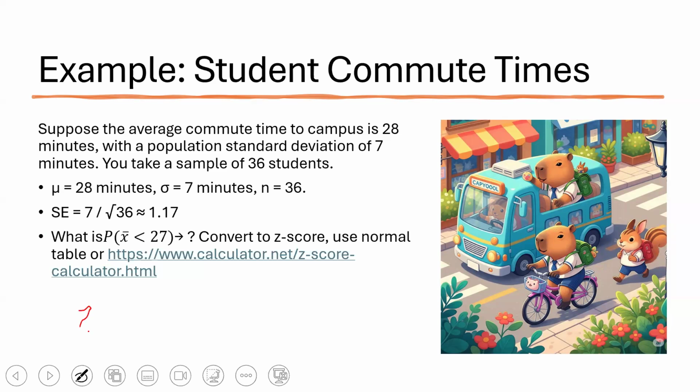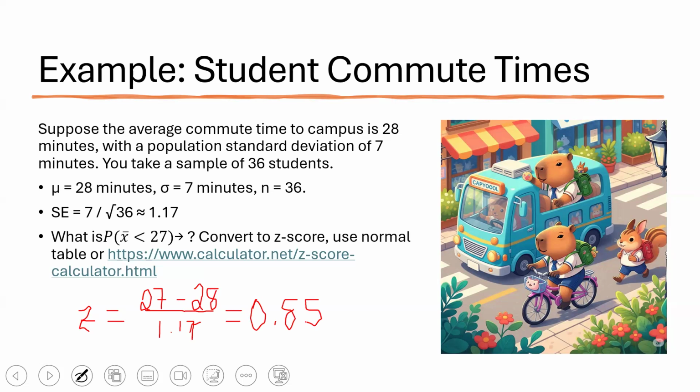We would go z equals 27 minus 28 over our standard error, 1.17. So if we throw this into a calculator, we're going to get about 0.85.